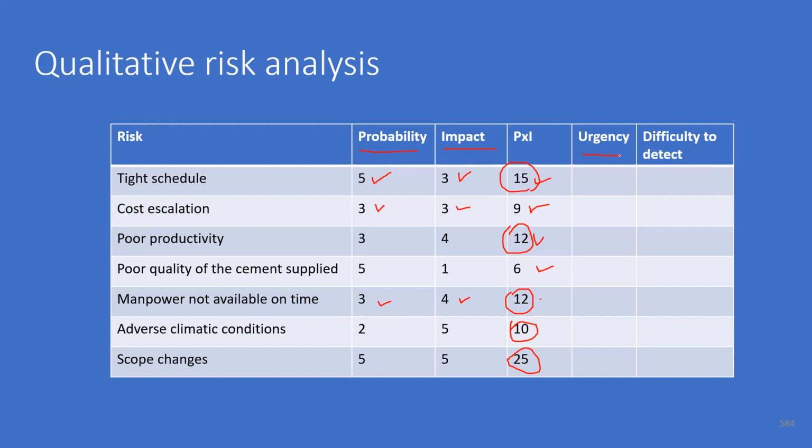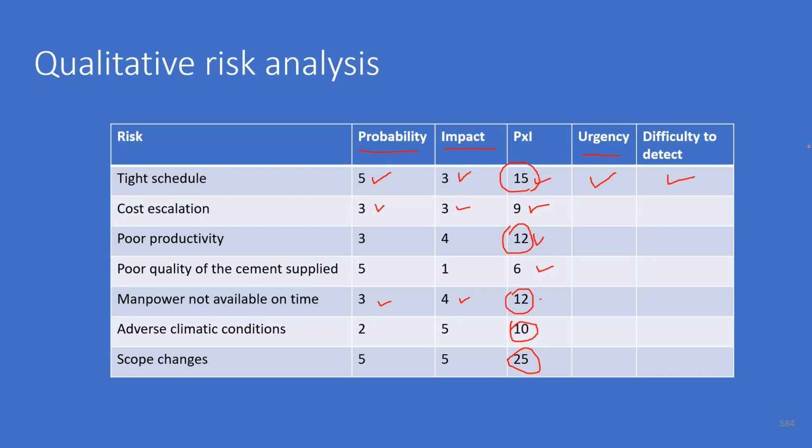So some teams not only give weightages for probabilities and impact, but they give weightages for urgency, and another thing is difficulty to detect. An unknown risk happening that is very difficult to detect.